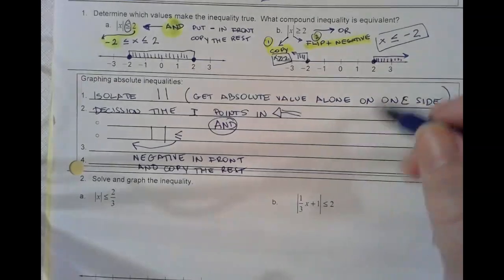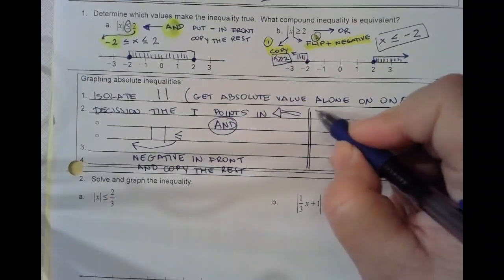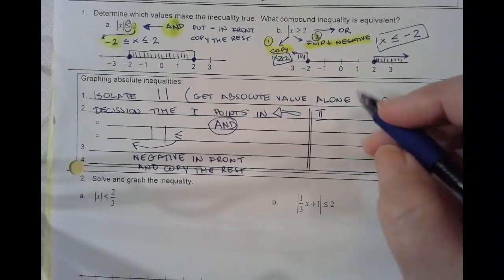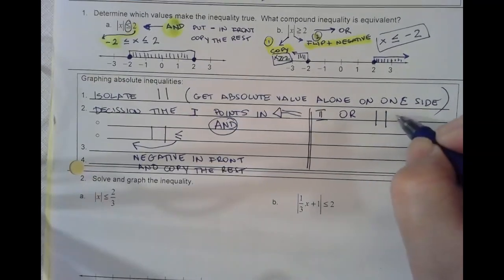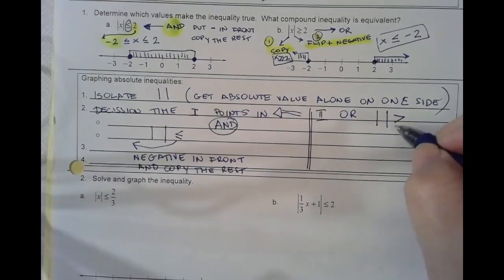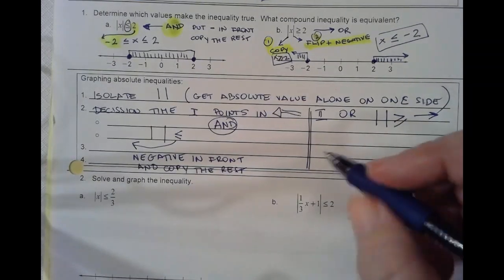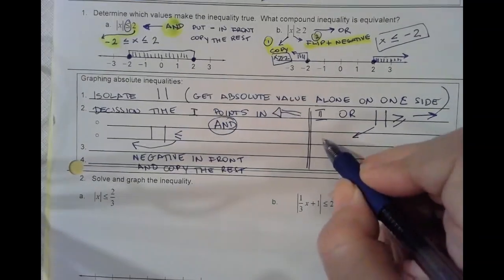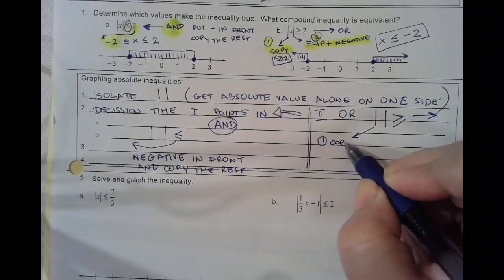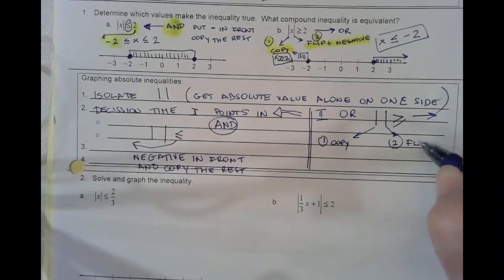If you have, second scenario, or, it means the absolute value points away, so greater than or equal to, points away, then the first one is copy, and the second one is flip plus negative.